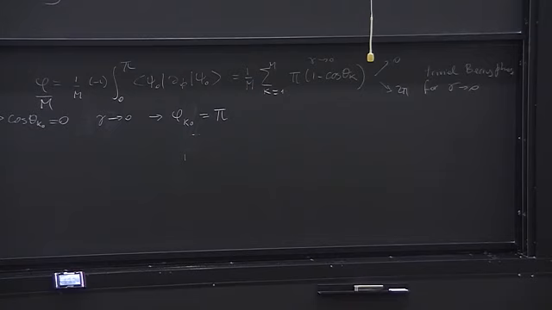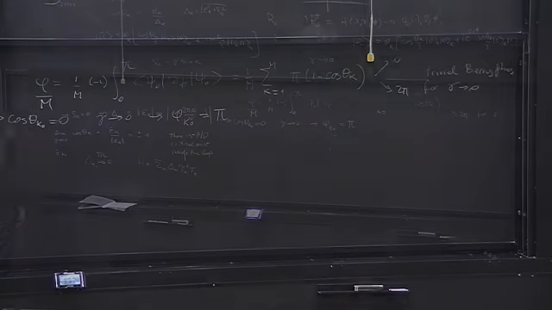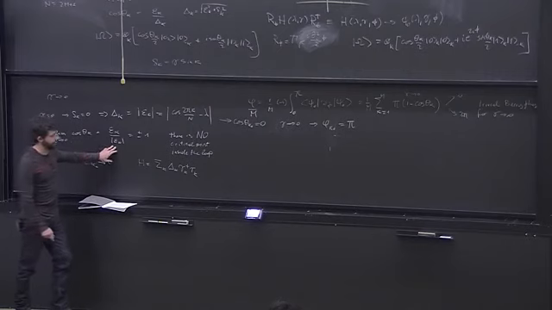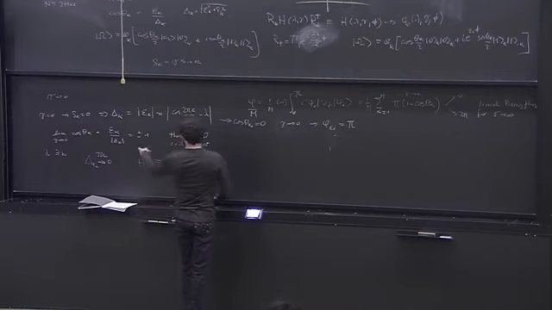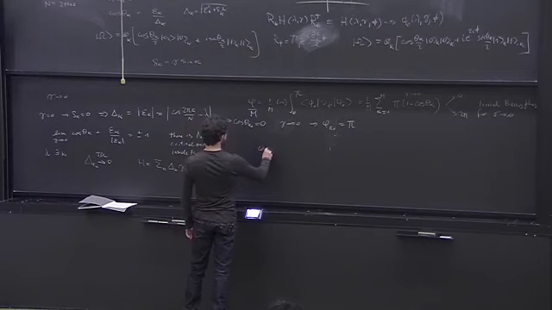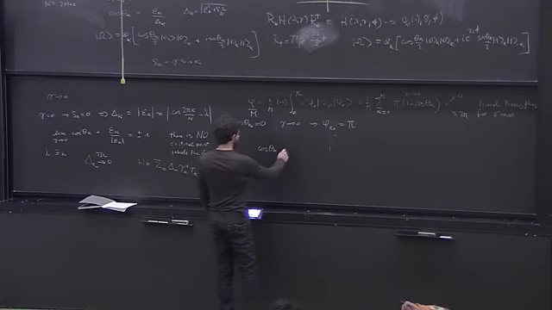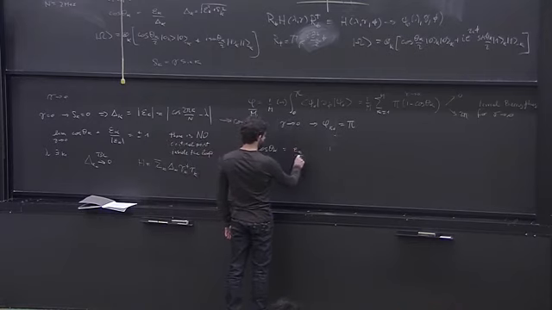Okay, I went too fast. So cosine theta k is epsilon over delta, right? Delta k is this.